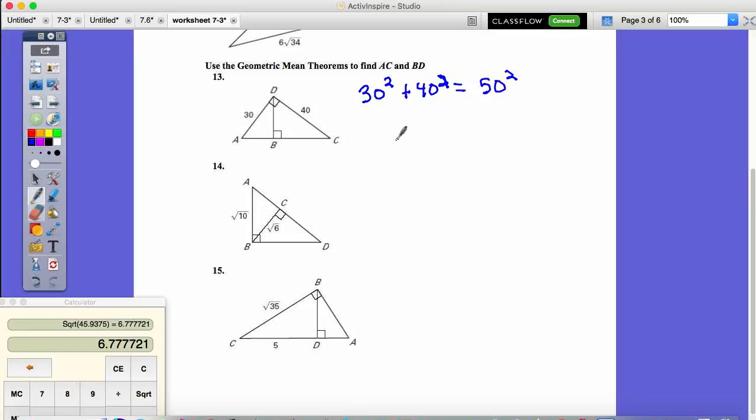there's something called Pythagorean triples. And if you have two legs with a side length of 3 and 4, the third is going to be 5. These are all whole numbers, because 9 plus 16 equals 25.